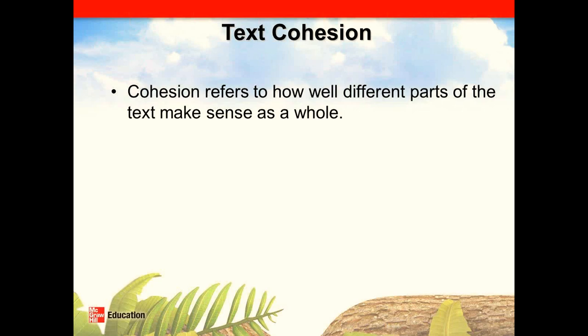But let's think about some of the other kinds of things that might make a text difficult. For example, sometimes a text is hard because of something called cohesion, how well the different ideas connect up with each other. And so let's say the story starts out with a fairly simple sentence.